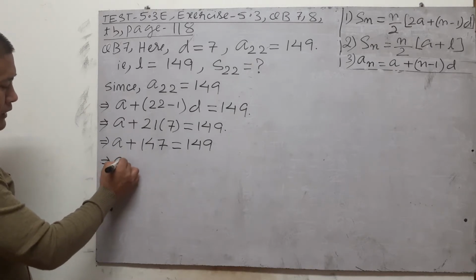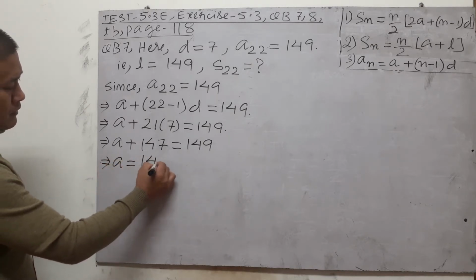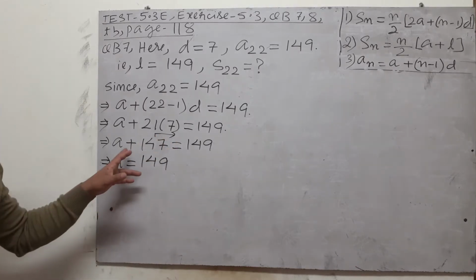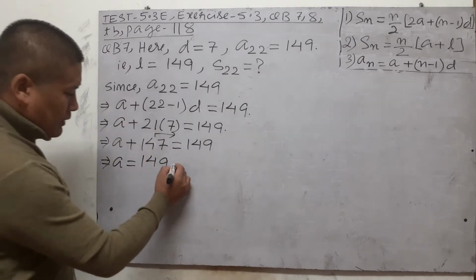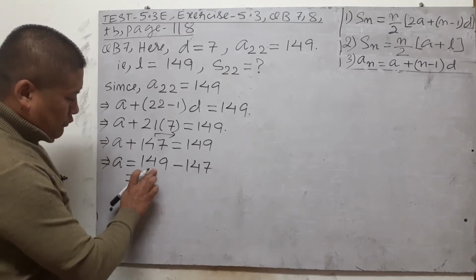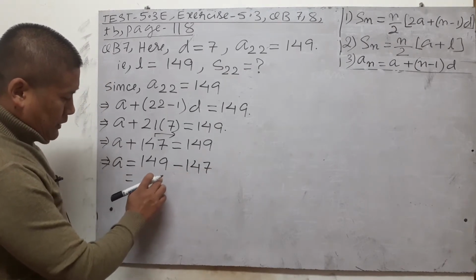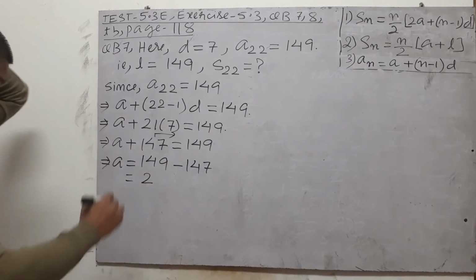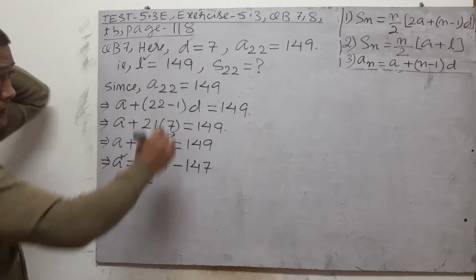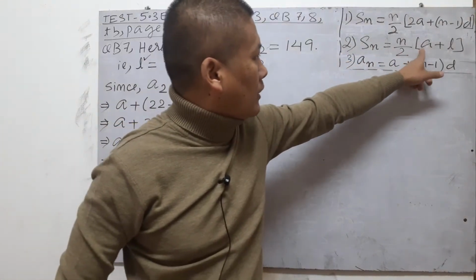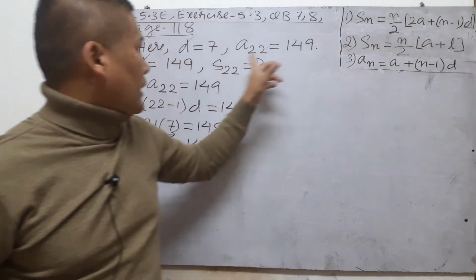Then we have here A equal to 149, and we shift this plus 147 from left side to the right side, it will become minus 147. So simple, 149 minus 147 is 2, right? So we got our A and we got our L, so we can apply these two, A and L, inside this formula here to find the Sn, which is S22.